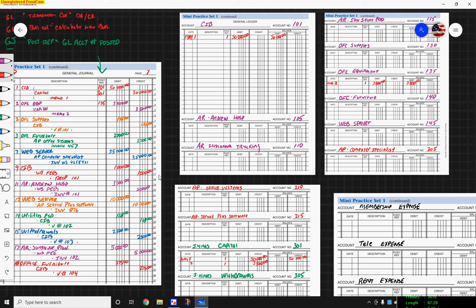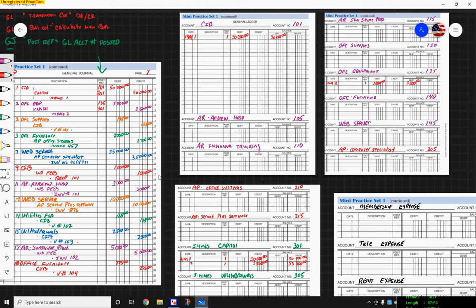That is going to give us a new balance of $53,500. Go back to your general journal. That was account number 301, and we put 301 in the post reference.